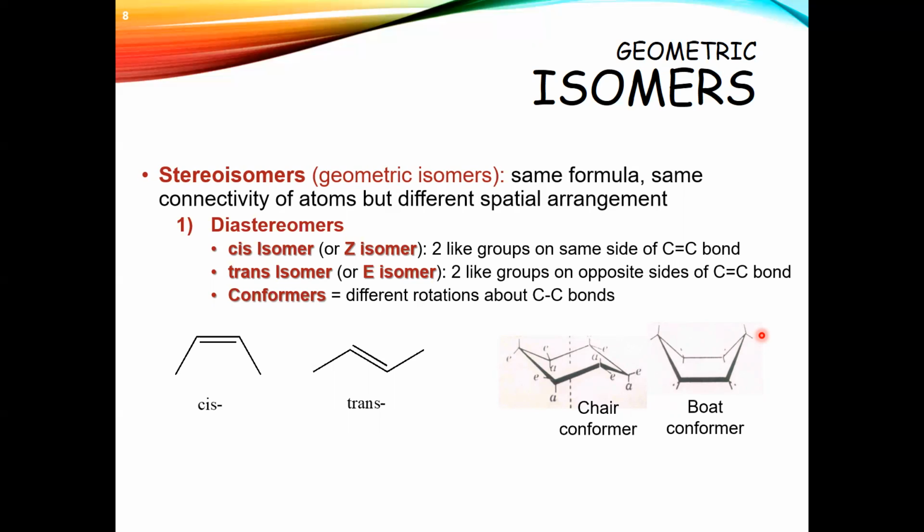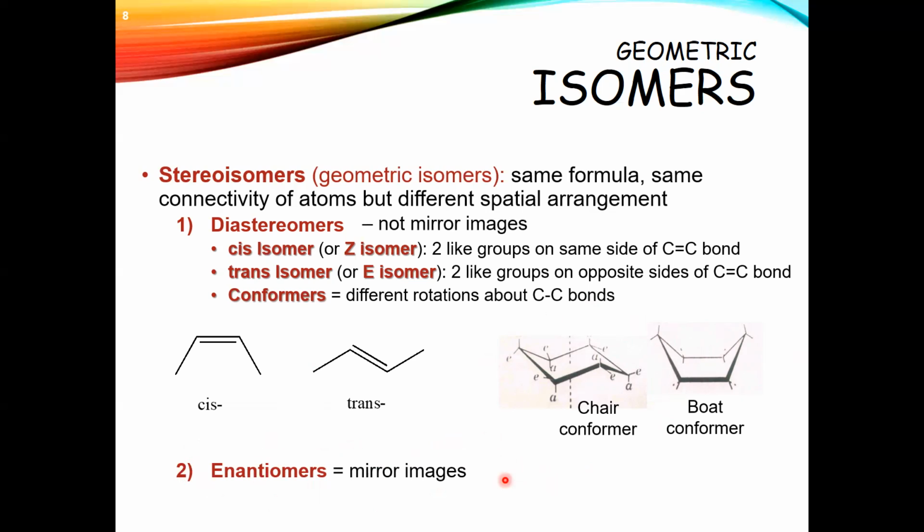And if a protein adopts a different conformer, it actually loses its function and stops behaving properly. And then you get problems like Alzheimer's. So even though these are all still connected the same way and we're just kind of flip-flopping atoms, it still has a dramatic effect on functionality.